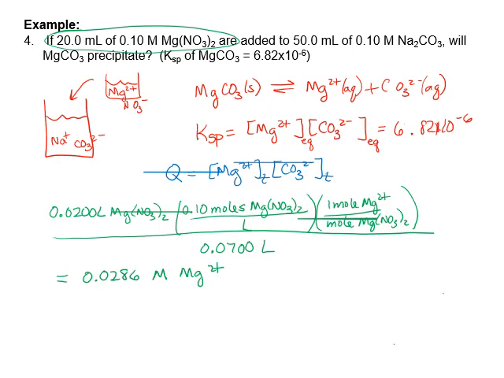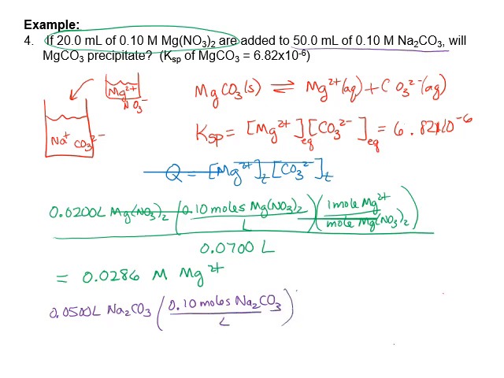Let's do the same for the carbonate. For the carbonate, we're adding 50 milliliters of a 0.1 molar sodium carbonate solution. Again, there's 1 mole of carbonate per mole of sodium carbonate.